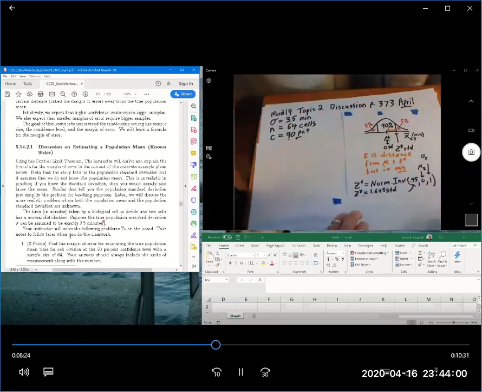Well, the central limit theorem tells us that the standard deviation of the sample mean is the standard deviation of x divided by the square root of n. That's true regardless what shape the distribution has. It's true for the normal distribution, but it's true for any other distribution as well.